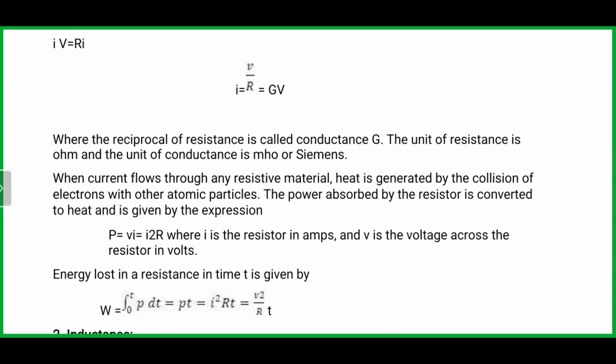The power absorbed by the resistor is converted to heat and is given by the expression power equal to VI, which is also equal to I square R. Please remember, it is I square R. Where I is the current in amps, and V is the voltage across the resistor in volts.